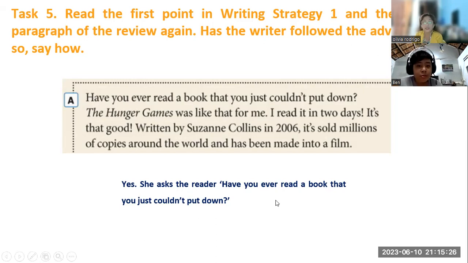Yes, you ask the reader, have you ever read a book that you just couldn't put down? So this book that the writer asked about is The Hunger Games. She is referring to the Hunger Games book which she read in 2 days. And then there are other people, Ben, that although they watched the movie already, they still read the book over and over.